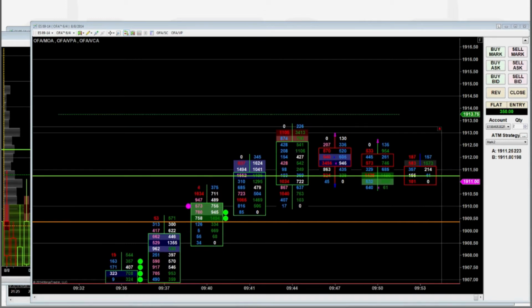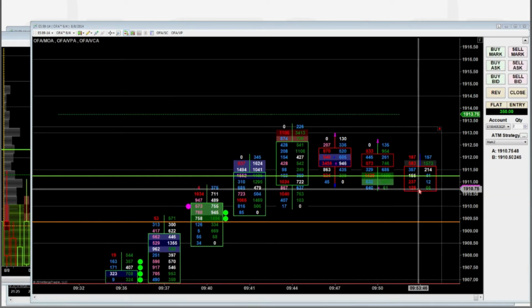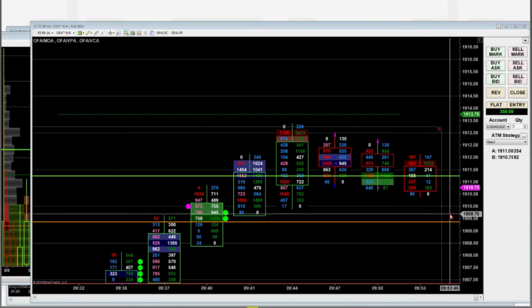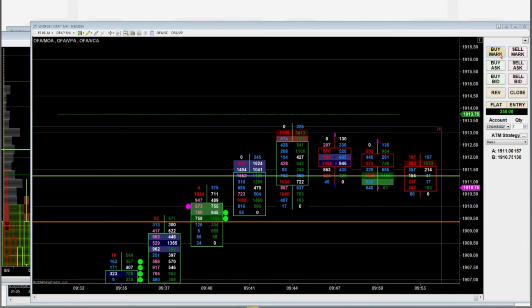So we've got that little low volume nodule at 1075 right there. This is interesting.